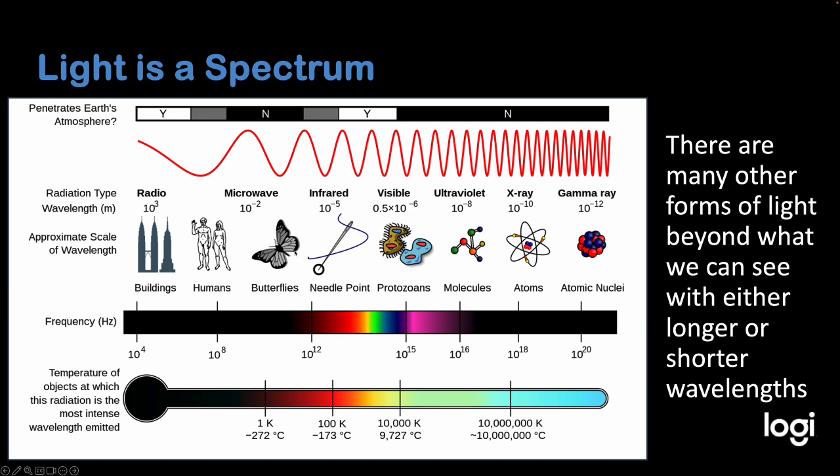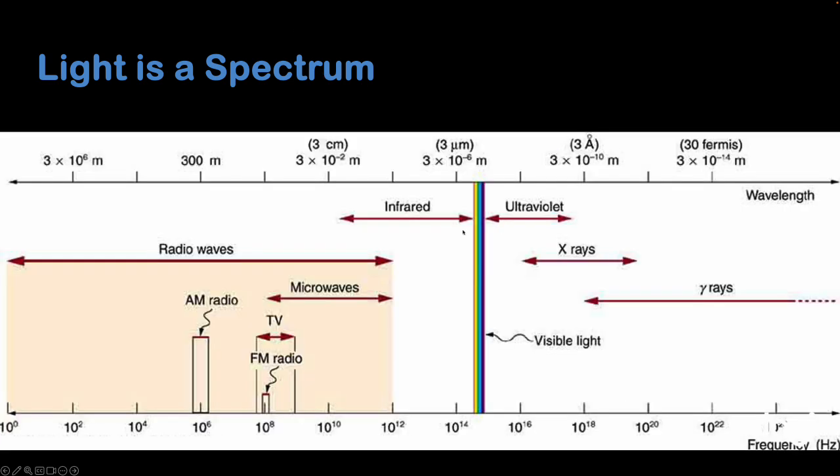And then everything in between: microwave, infrared, visible, ultraviolet, and then X-ray and gamma ray. We'll talk about exactly what is going on here, but there are so many different kinds of light, and we use them in a lot of different ways. We would call this the electromagnetic spectrum.